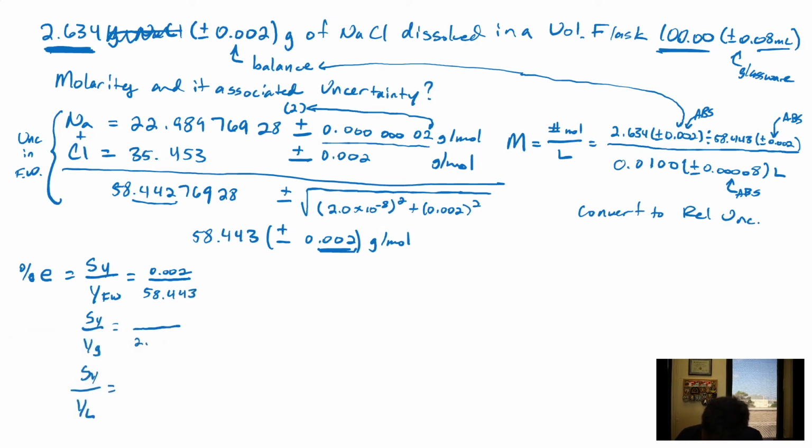0.443, good. Now this was 2.634, and the uncertainty for that was right here from the balance. It just happens to be the same number again, 0.002. And the last one would be the amount you measured out on your volumetric flask, which was the 0.100 liters.